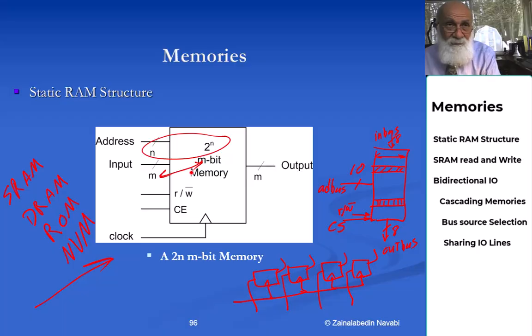And we can have clocked memory. We can have memories where you select and you hold the address for some amount of time, and then the reading or the writing will be done.